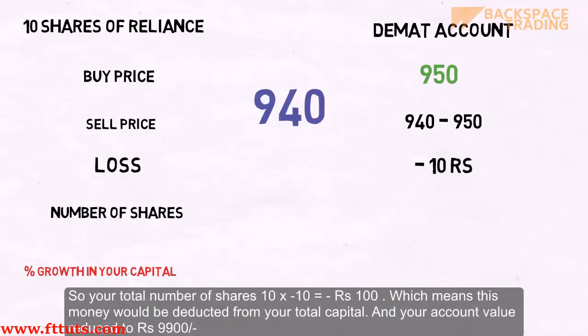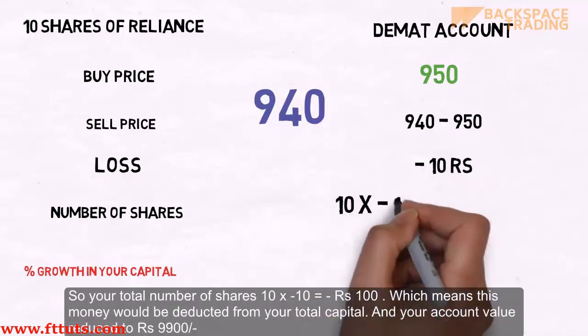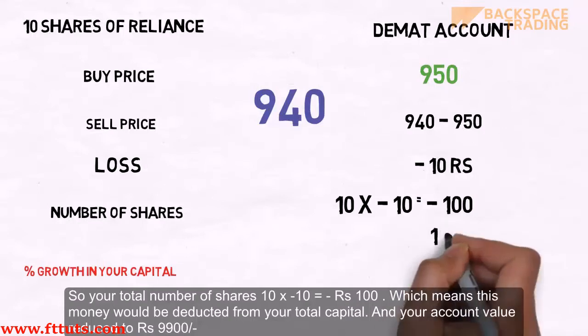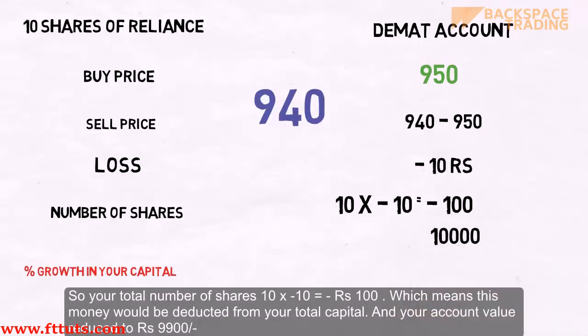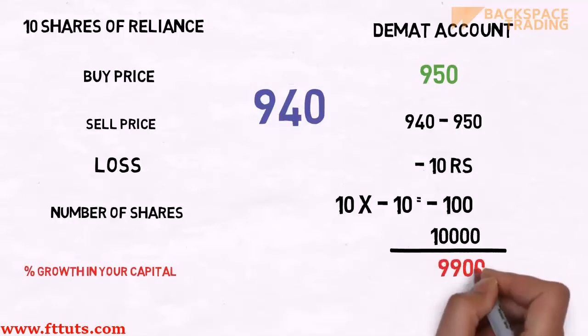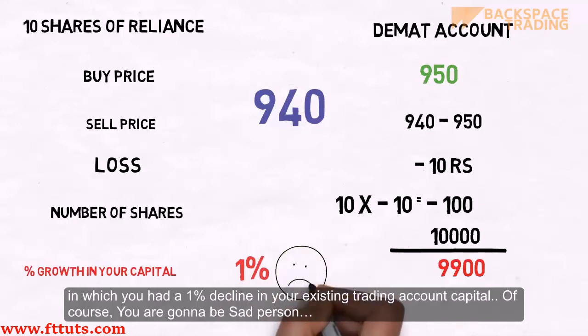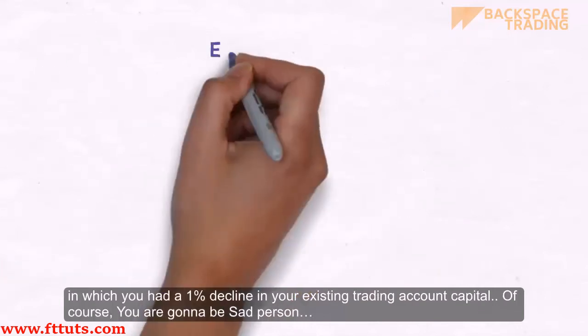So your total number of shares, 10 multiplied by minus 10 would be minus 100, which means this money would be deducted from your total capital and your account value reduced to 9,900, in which you had 1% decline in your existing trading capital. Of course, you are going to be a sad person.